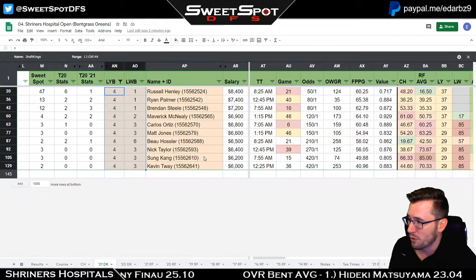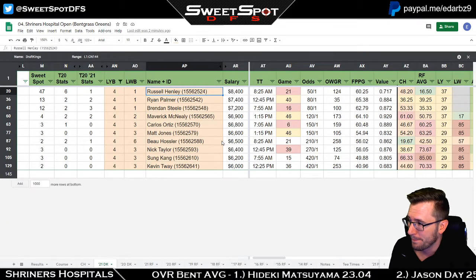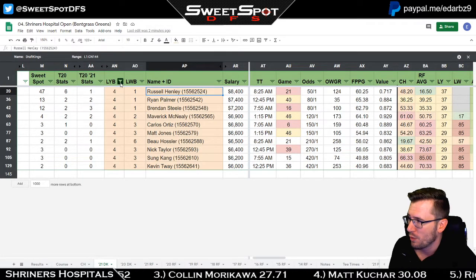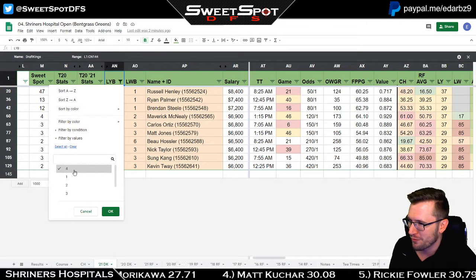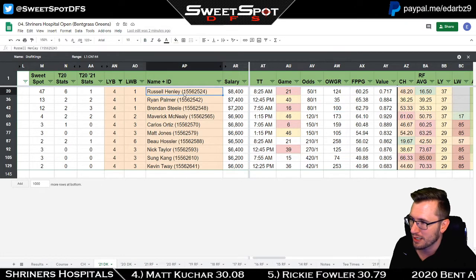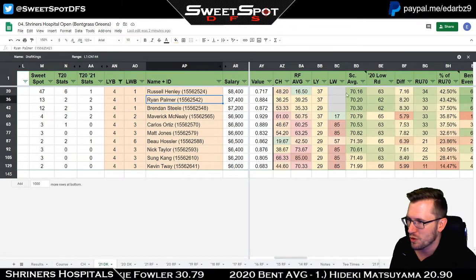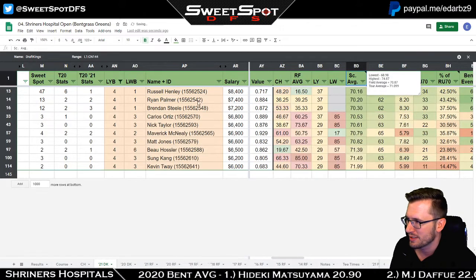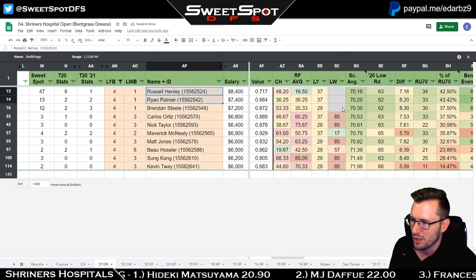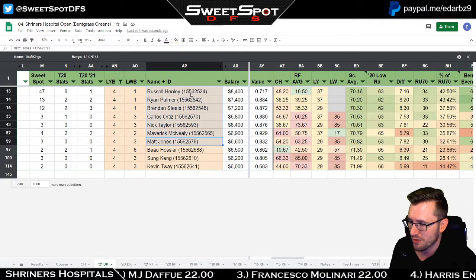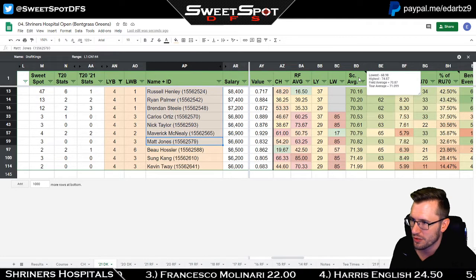Okay, so last year 4 doesn't look good. I wouldn't play someone out of this bucket too highly, honestly. So we can skip a little bit by last year 4. If I'm going to pick one, it's going to be Russell Henley. I don't have an issue with Ryan Palmer. If we look at scoring average, who has the best, it's going to be Russell Henley. We have a considerable amount of last year 4s better than the scoring average for the field.